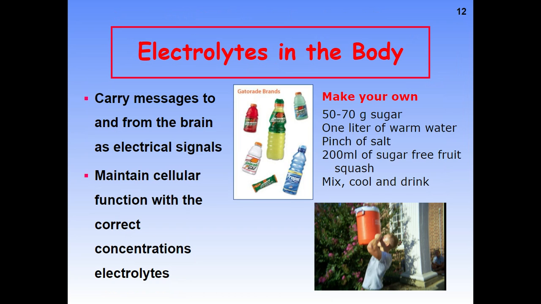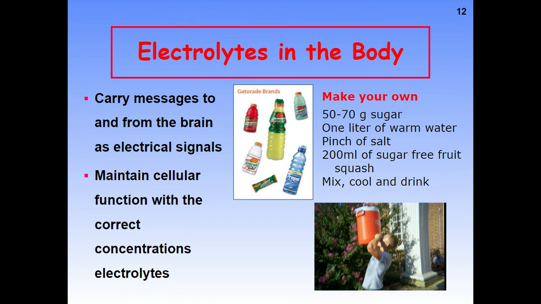Our body really needs to maintain these electrolytes so that we can understand how much we drink. So if you notice here, I have Gatorades and Propel and some things on there. By the way, if you want to, you can make your own, but you don't have to make your own. We'll do something with this later.